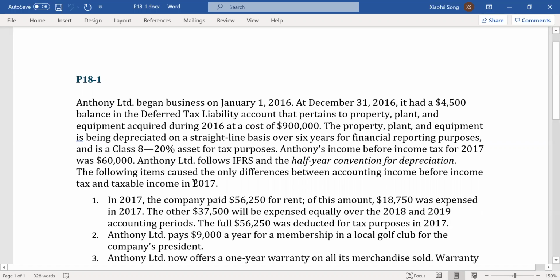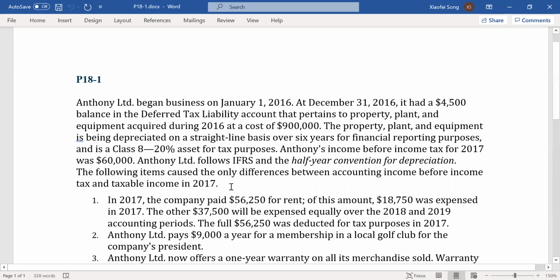And all this is a lot of calculation. If you forget about the half year rule and all that, it will make this much more complicated than necessary. So let me just give it to you, just forget about all that.